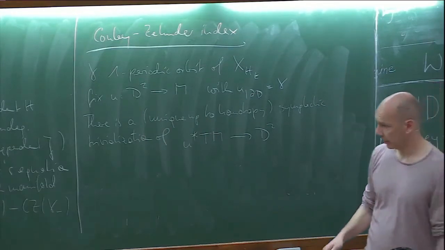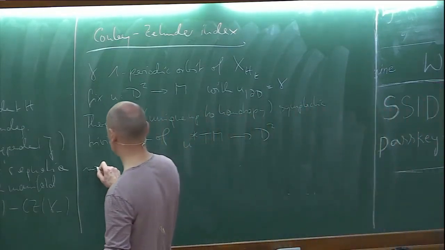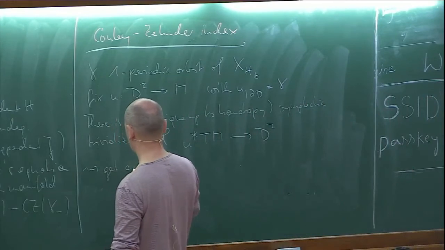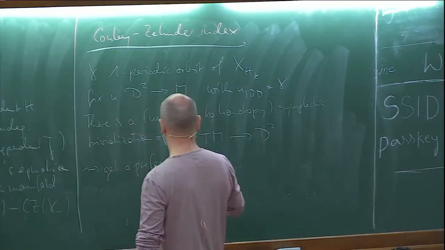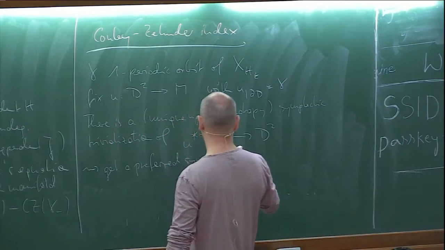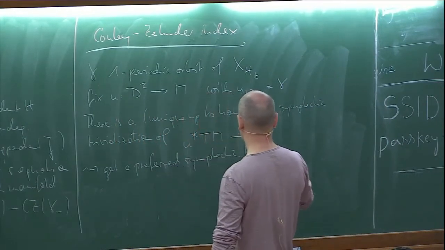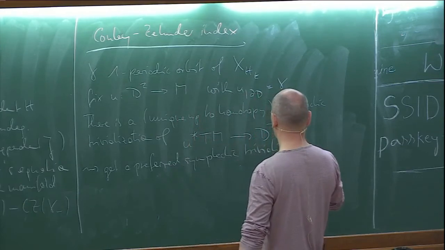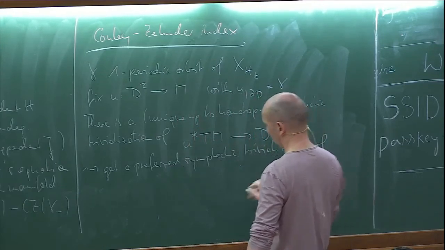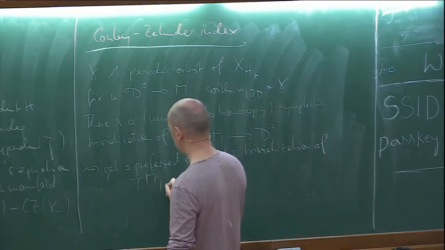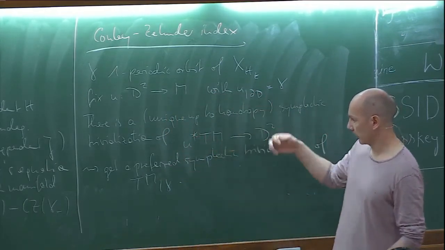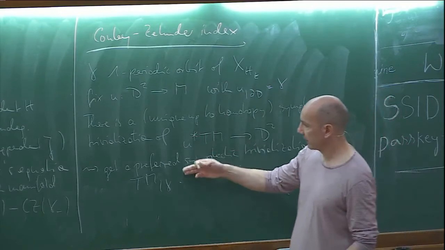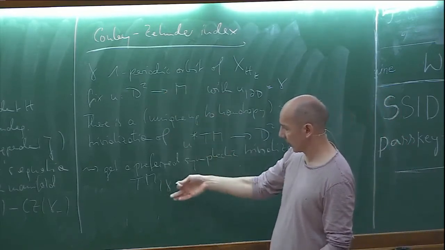And so in particular, we get a preferred symplectic trivialization of the tangent bundle of M restricted to gamma, because that's the boundary of the disk. And that will depend on U in general, but we have one.